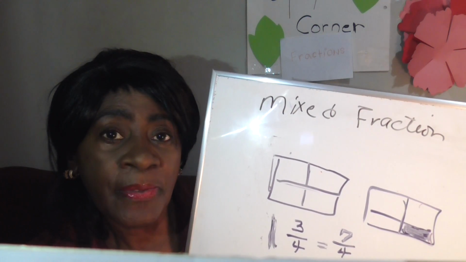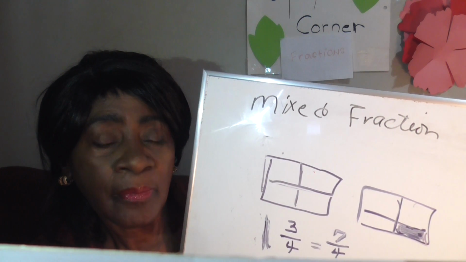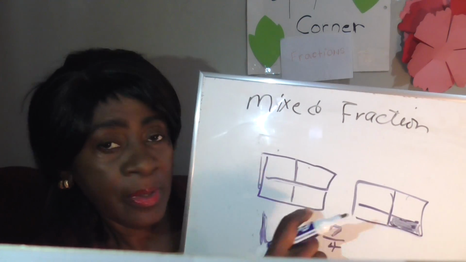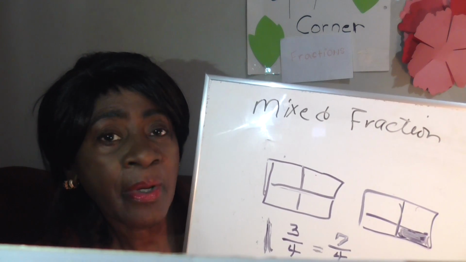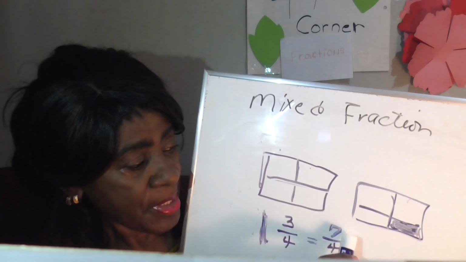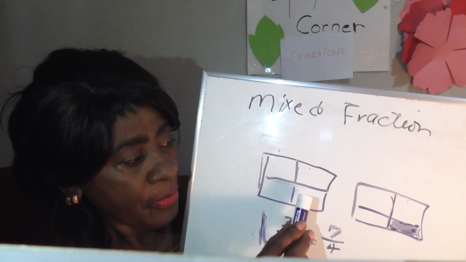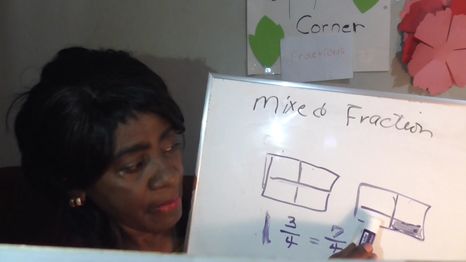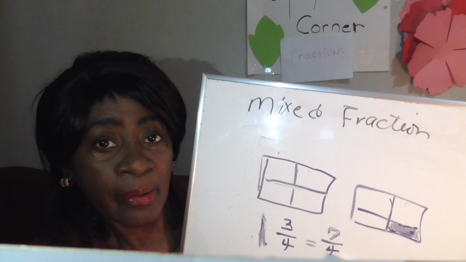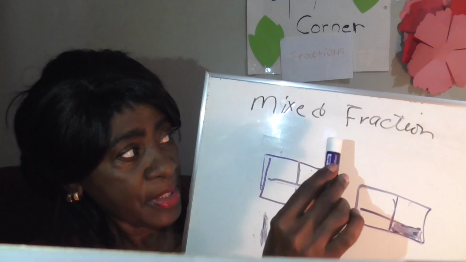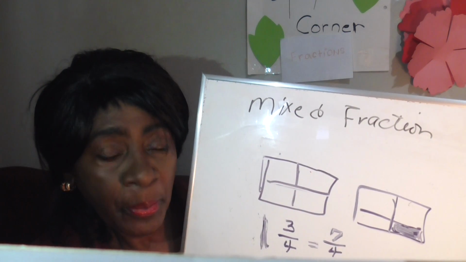So the question was, how much of the two squares are not colored purple? And I want the answer in an improper fraction. The answer is 7/4. Illustrated: 1/4, 2/4, 3/4, 4/4, 5, 6, 7. 7/4 of the square. 7/4 of it was not colored purple.